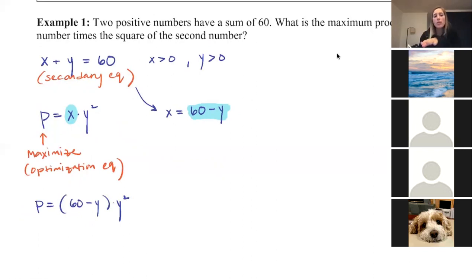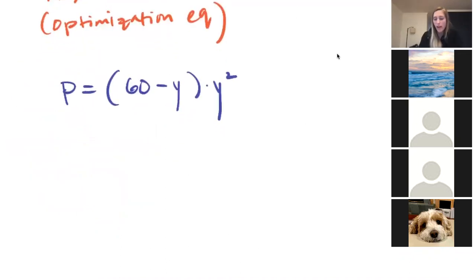You could take the derivative as is. You would need to use product rule, right? Because the equation is written as a product. I suggest distributing the y squared in, so we could just use power rule. And then we're ready to find the derivative. So then we're ready to use calculus.